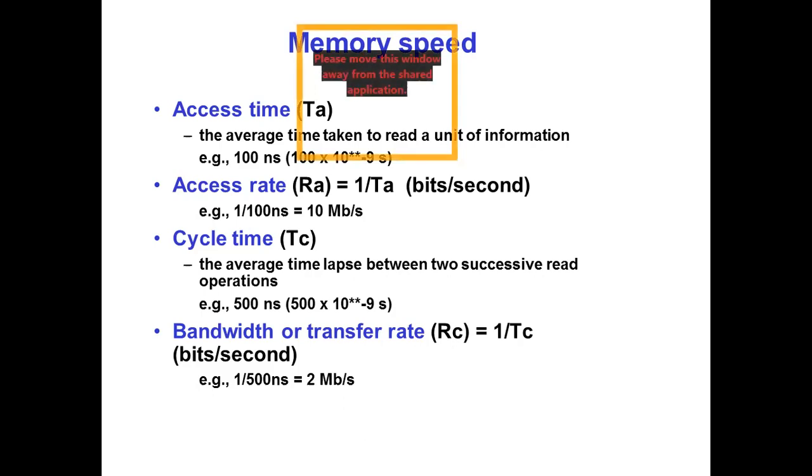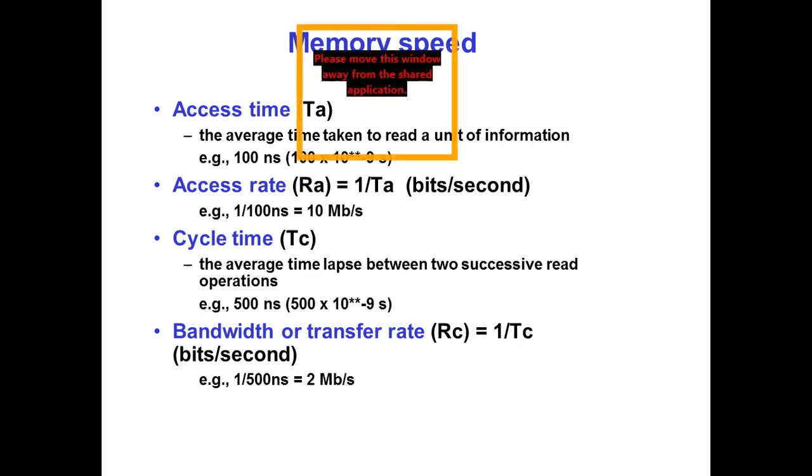So we are going to read the information, and this is the average time, because we consider a number of points and then take the average time. For example, we consider 100 nanoseconds, that is 100 into 10 to the power minus 9 seconds. So this is the access time in the context of the memory.